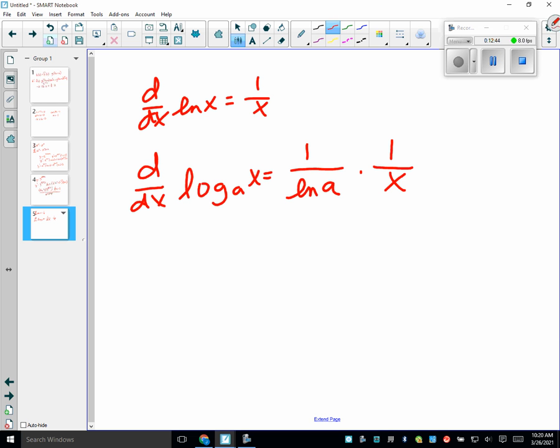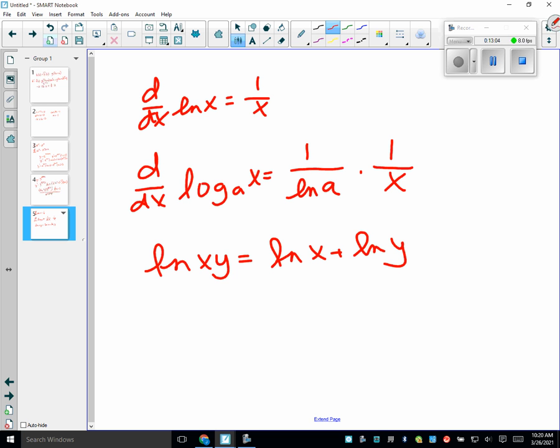Okay, just real quick, remember properties of logarithms. Do you remember if I had ln of xy, what that was? Isn't that ln of x plus ln of y?